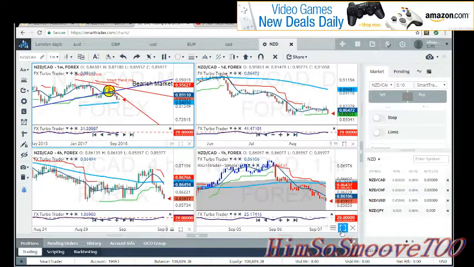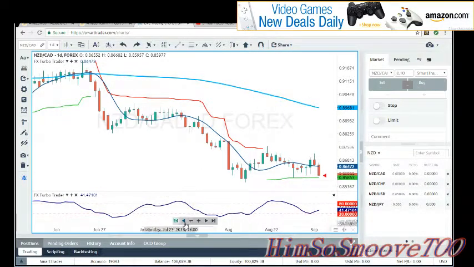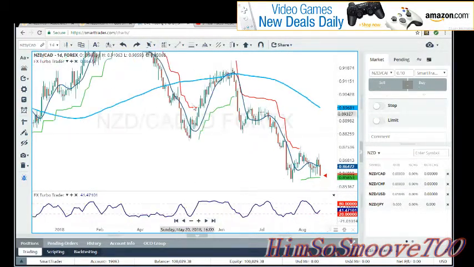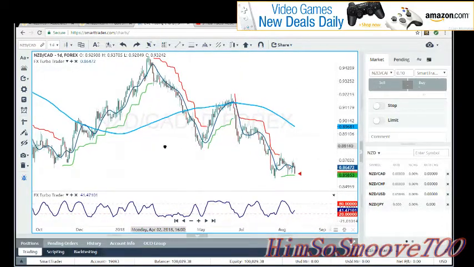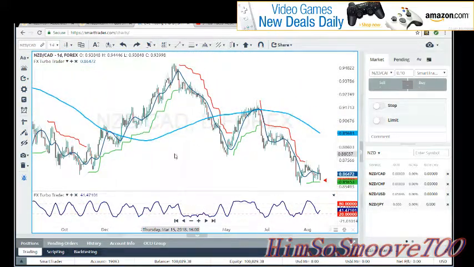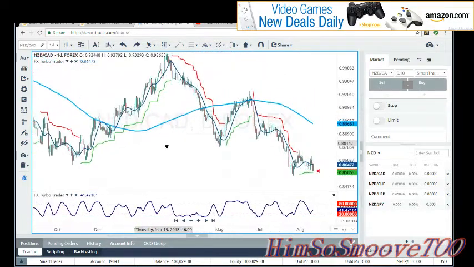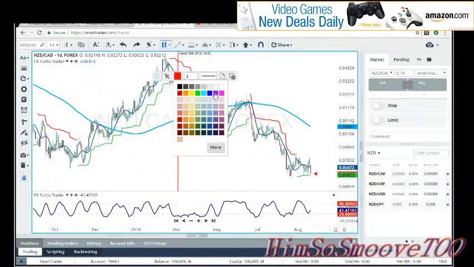We'll go to the daily time frame, looking for highs and lows. You can also look for crowns on here if you would like, and that's what I normally tend to do, look for the crowns. But we're going to look to bring in trend lines and see what this market wants to do.